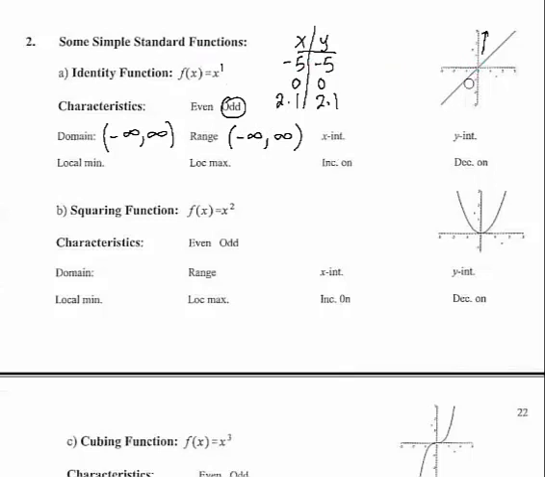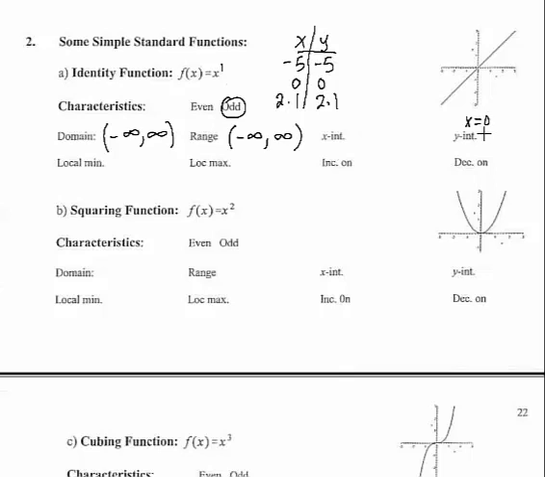Okay, what about the x and y intercept? Well, this line passes through the origin, and for a function we only want one output per input. So if I input x equal 0, then I'm only going to get 1 point along the y-axis. So if it's a function, we only ever get one y-intercept.